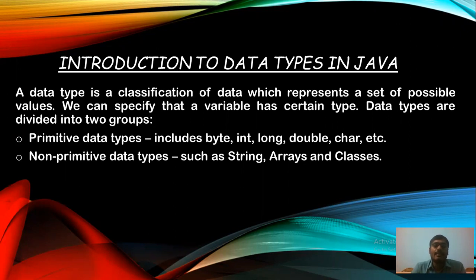Data types are generally classified into two groups. One is primitive data types and another is non-primitive data types.